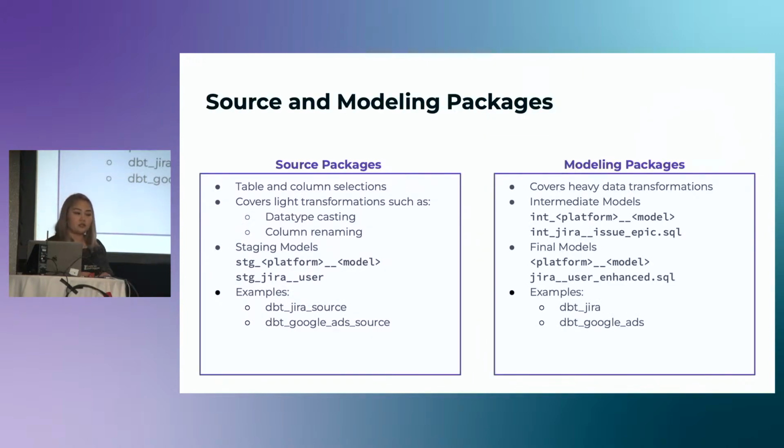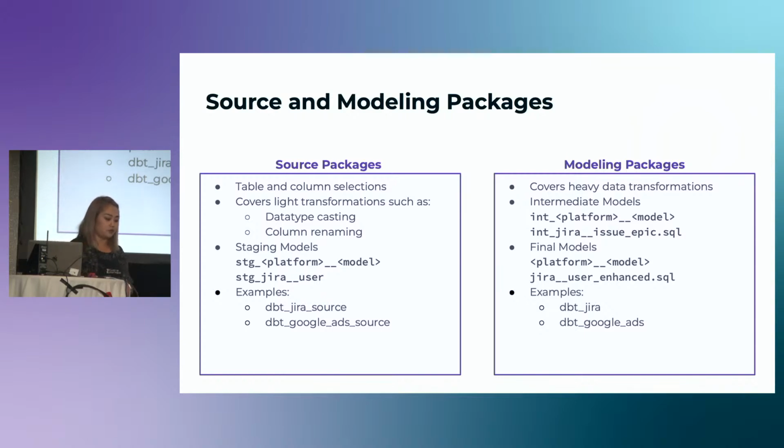So almost all of our packages have a source and corresponding modeling package. The only exceptions are our rollup, combination, and utils package. At a very high level, source packages are typically of the form dbt, platform, suffix with source. These models typically cover very basic transformations and are prefixed with stg for staging, while our modeling packages are simply dbt platform.